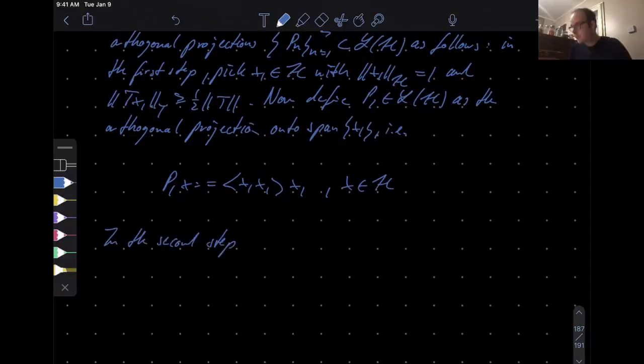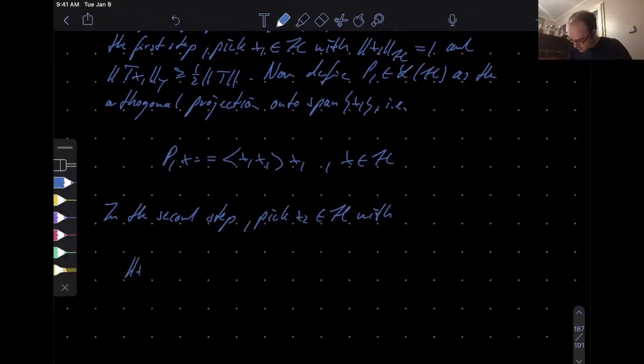In the second step, now this is quite neat. Pick x2 in H with norm 1. It is in the kernel of the first orthogonal projection, which just means that the vector x2 is orthogonal to x1.